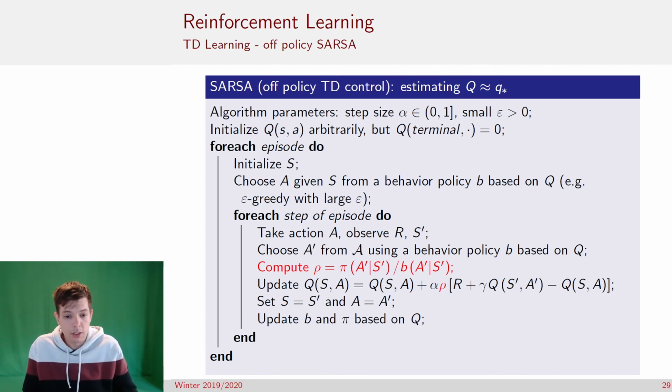Second, we compute the importance sampling weight just by dividing these two probabilities by each other: pi evaluated at the new state and the new action, divided by b at the new state and new action. After that, we multiply alpha by rho, our importance weight, when updating the action value function. And that's the single difference between on-policy learning SARSA and off-policy learning SARSA.